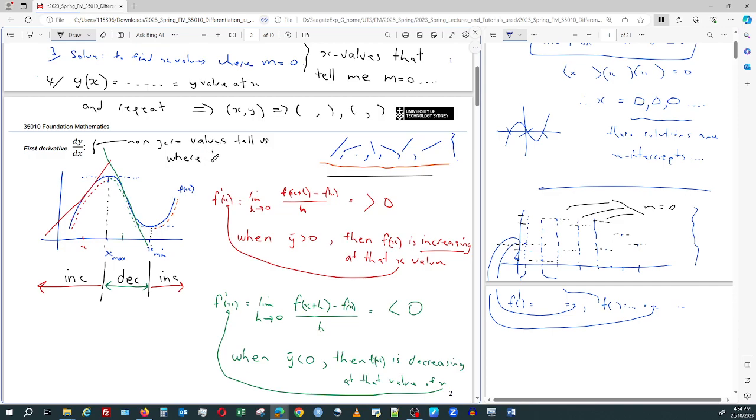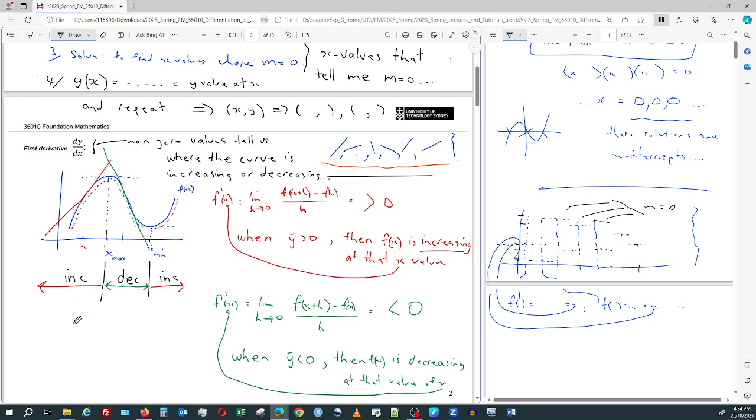I want to use more formal language there: where the curve is increasing or decreasing, and they're occurring in intervals.